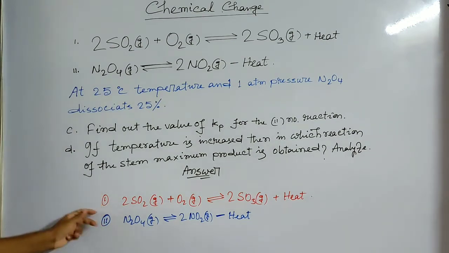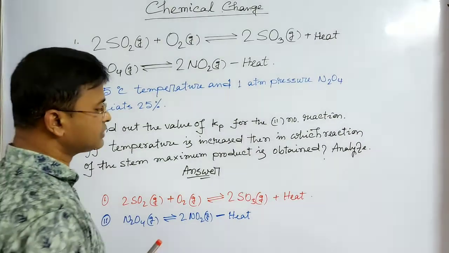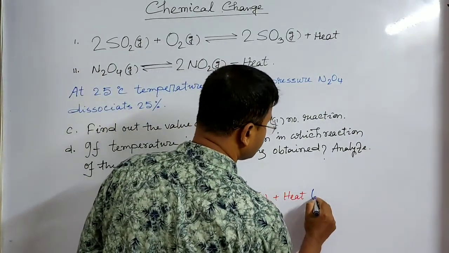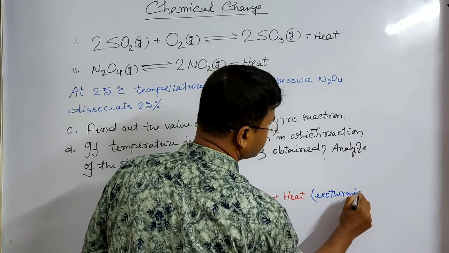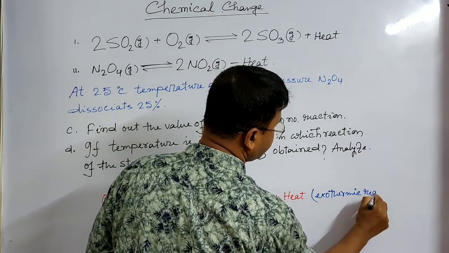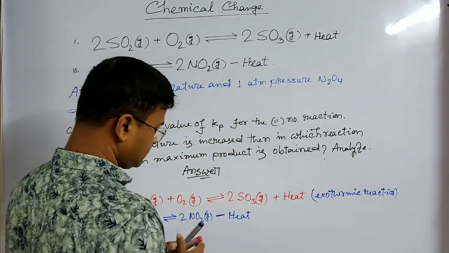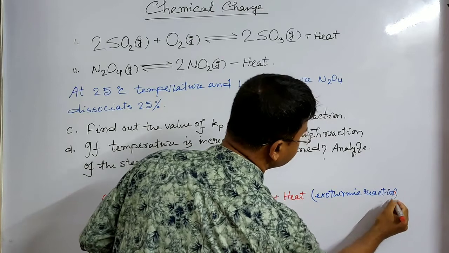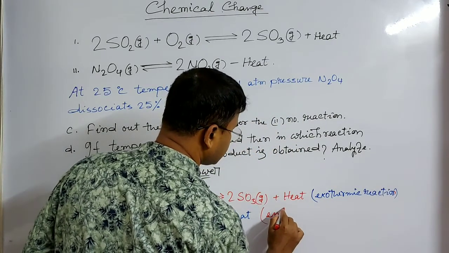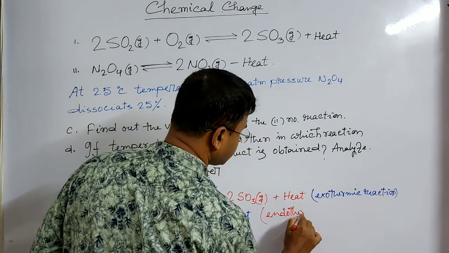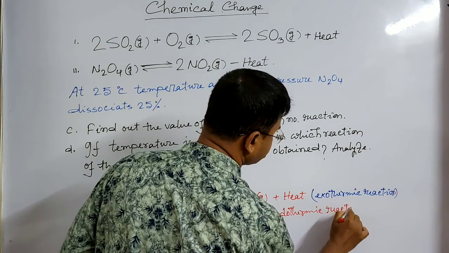First you have to write reactions 1 and 2, then you have to mention reaction 1 is an exothermic reaction, and reaction 2 is an endothermic reaction.